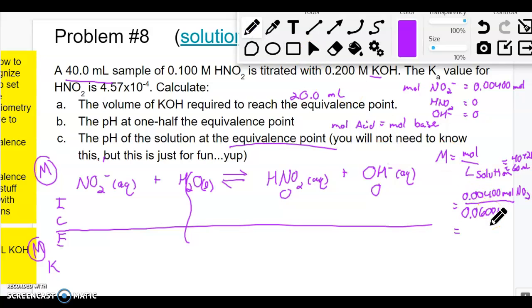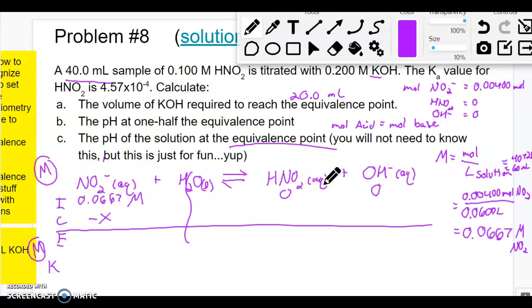And if I do this, now I end up with 0.0667 molar NO2. This is the molarity that I'm starting with, 0.0667 molar. And because I have NO2, I'm going to form products.